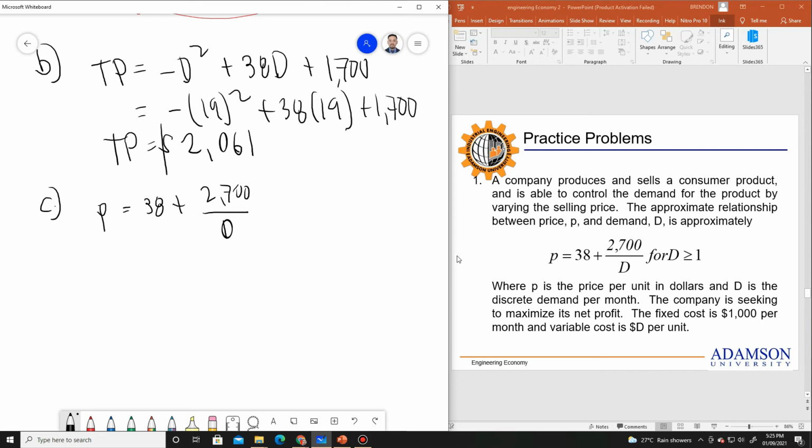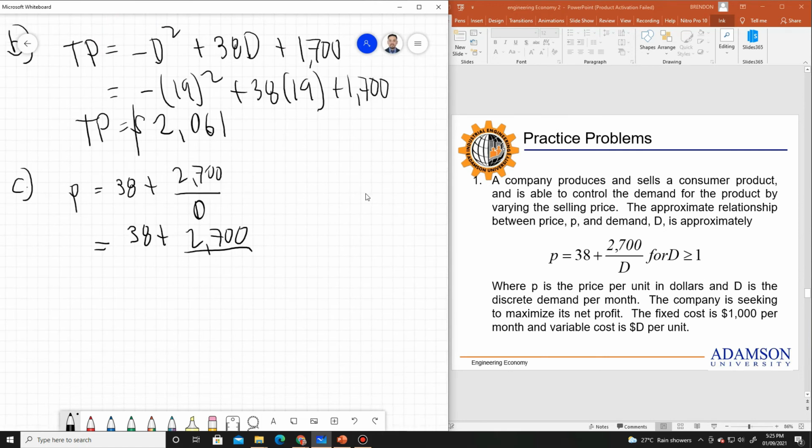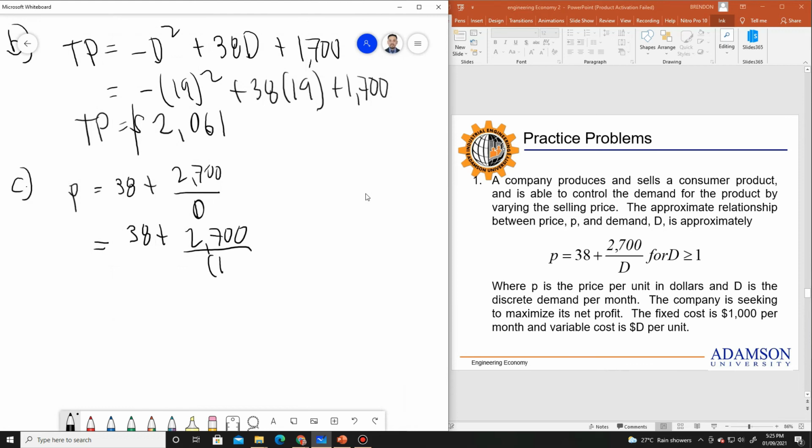We substitute 19 to D: 38 plus 2,700 divided by the 19 units. It is $180.11 per unit.